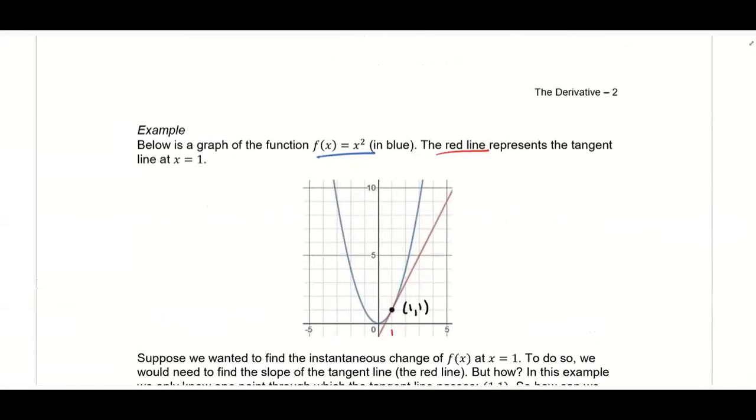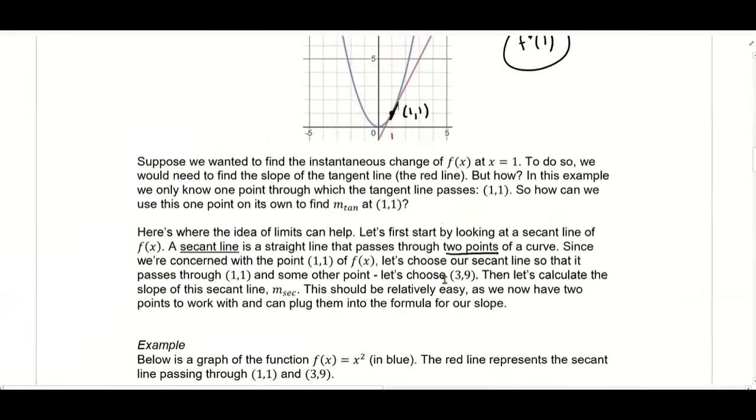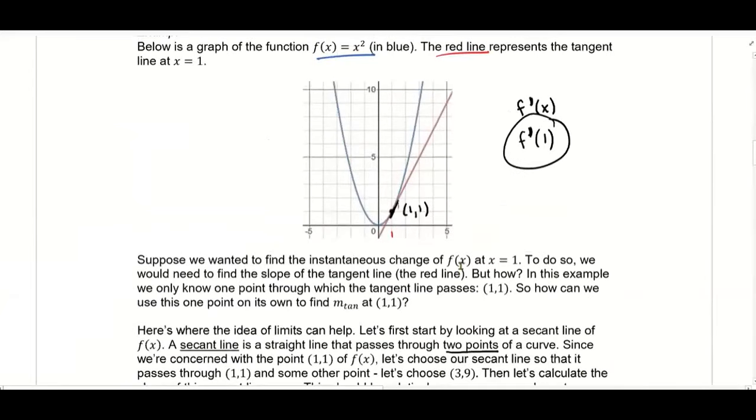So when we take the derivative of, say, this function, if we find f prime of x, or more specifically in this case, f prime of 1, we're finding the instantaneous rate of change of this function at this point. The slope of the tangent line gives us the instantaneous rate of change of that function, which we won't talk about in this lecture, but it has a lot of really interesting and useful real-world applications.